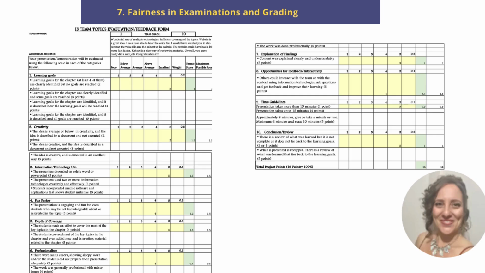So, to be fair to them, I do the following. I provide very detailed description of the assignments and also of the exams. I give them sample exams and sample assignments that received good and bad grades. And most importantly, my students have access to a very detailed rubric for each assignment.